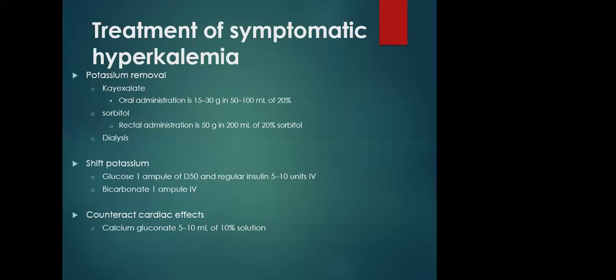And then we have dialysis for severe cases. You can shift potassium by giving one ampoule of D50 and regular insulin like 5 to 10 units IV. And then you can also give bicarbonate, one ampoule IV. To counteract cardiac effects, you can give calcium gluconate 5 to 10 mil of 10% solution.